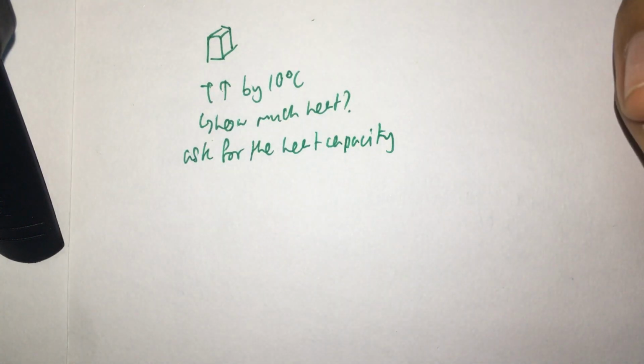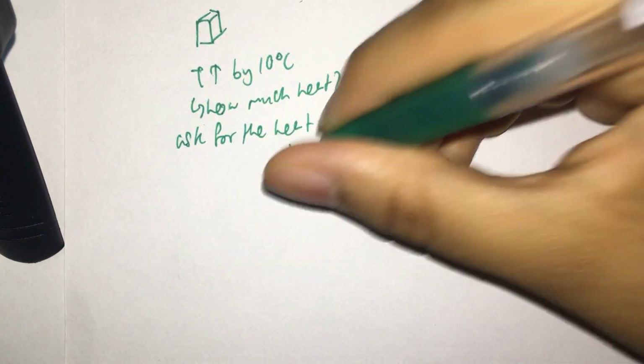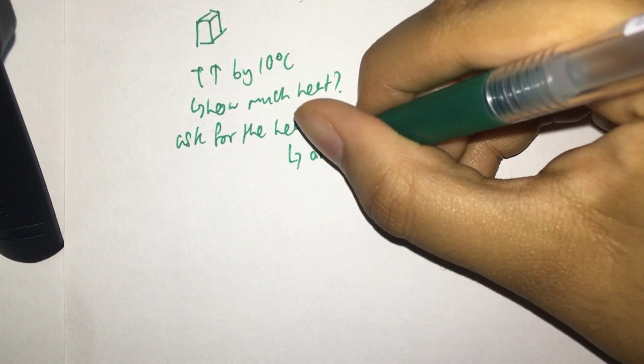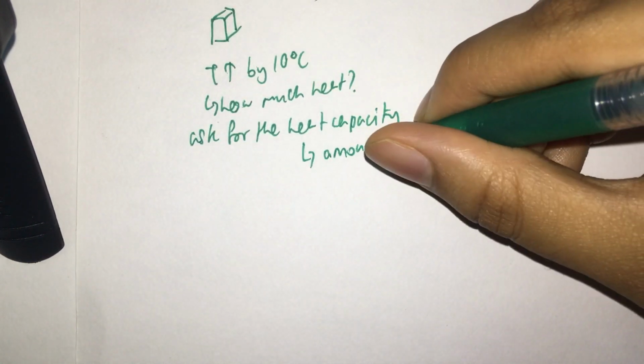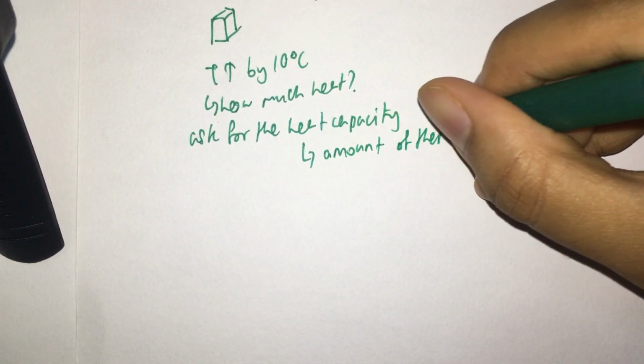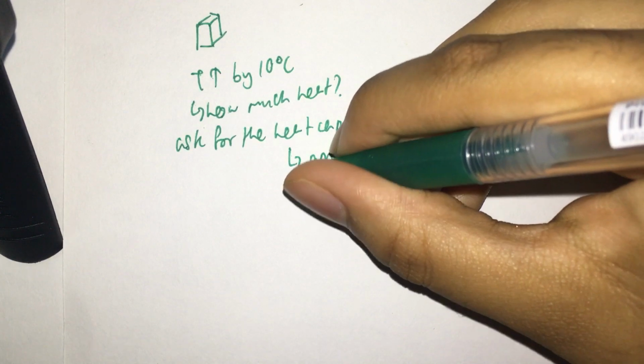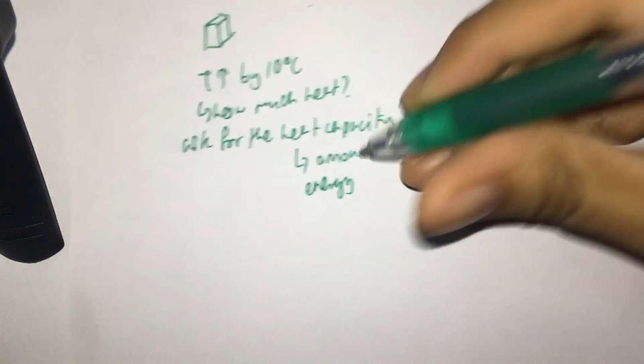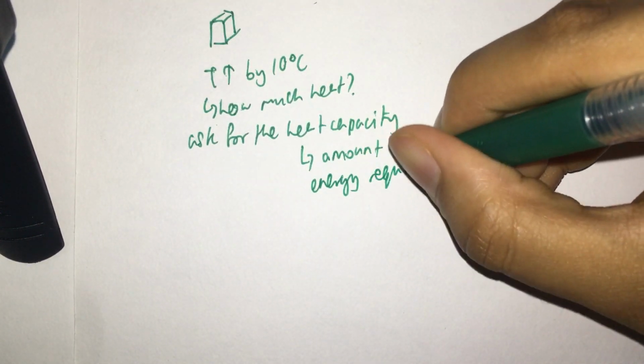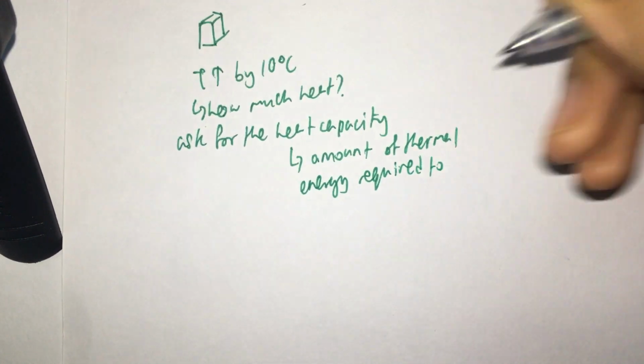The heat capacity of an object is the amount of thermal energy or heat that you require to bring the temperature of the object up by 1 degree Celsius or Kelvin, because Celsius and Kelvin have the same step.